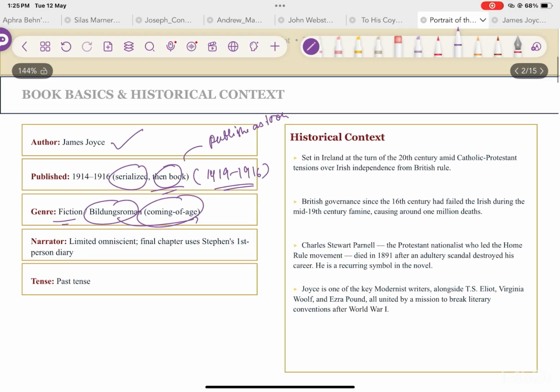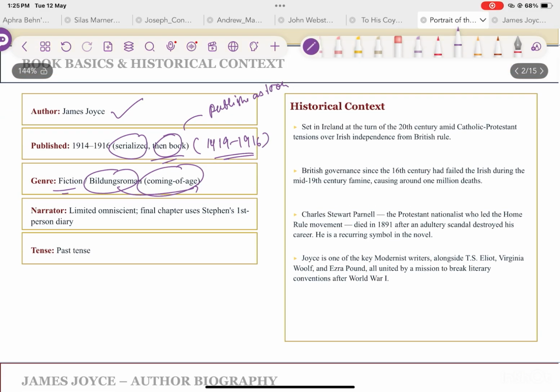And before moving to the plot detail, we must look at the historical context of the novel. The novel is set in Ireland at the turn of the 20th century, amid Catholic and Protestant tension over Irish independence from British rule. To understand this point, Ireland had two major religious communities.